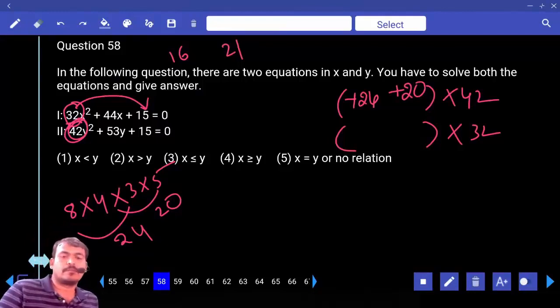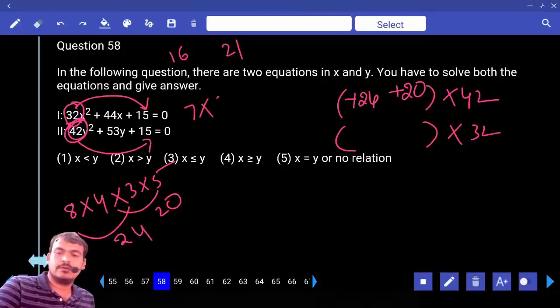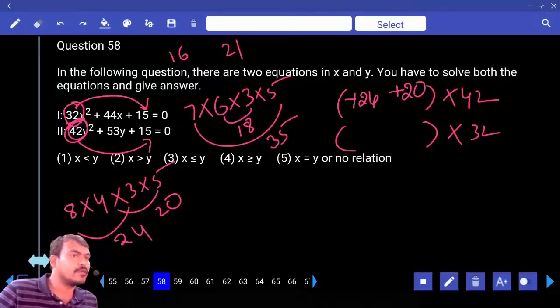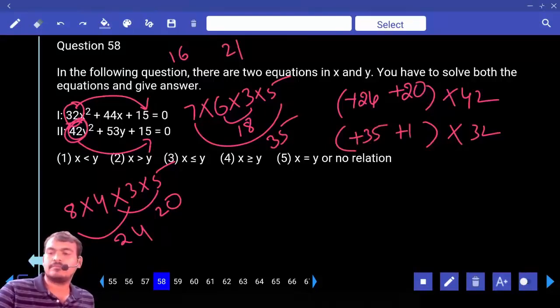Next, the second one: 42 into 15, 7 into 6, 3 into 5, or not? Okay, 6 3s are how much? 18. 7 5s are 35. One is 35, another one is 18, or not?